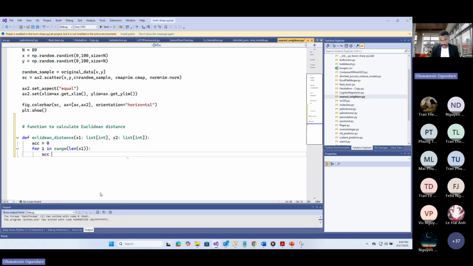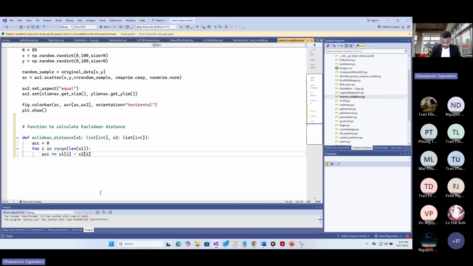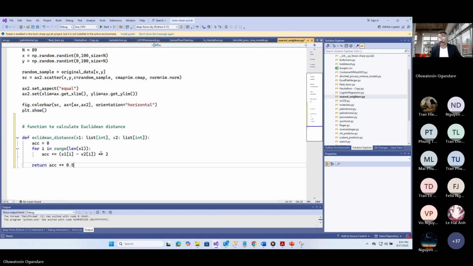Then you can say accumulator plus equals x1 at i minus x2 at i, and you're going to square this. This is what the formula says. You raise this to the power of 2 and add it together, and we're going to return the square root of the accumulator, the accumulator raised to the power of 0.5.